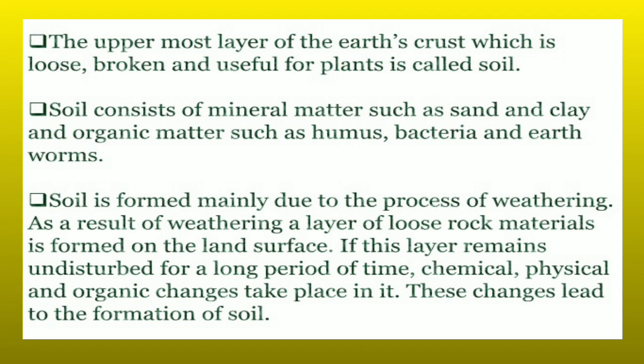If this layer remains undisturbed for a long period of time, chemical, physical and organic changes take place in it. These changes lead to the formation of soil. We discuss here on this page 3 questions: what is soil, what material soil consists of, and how soil is formed.